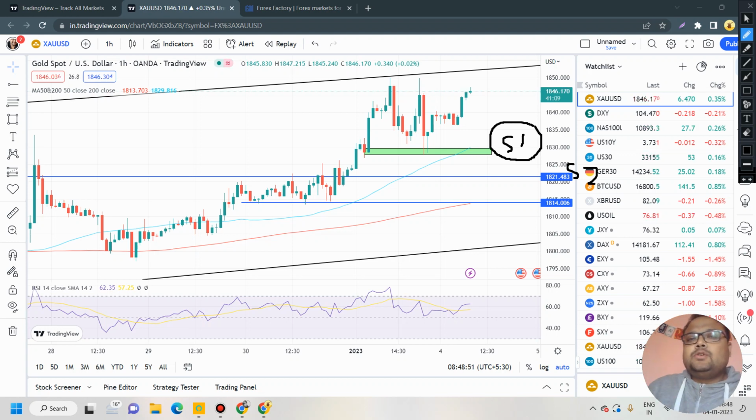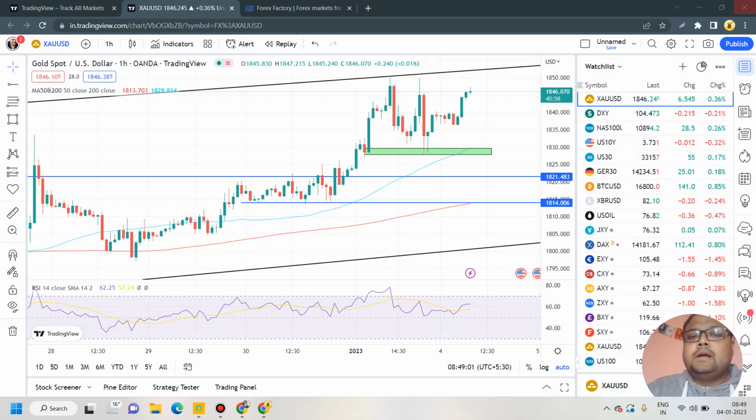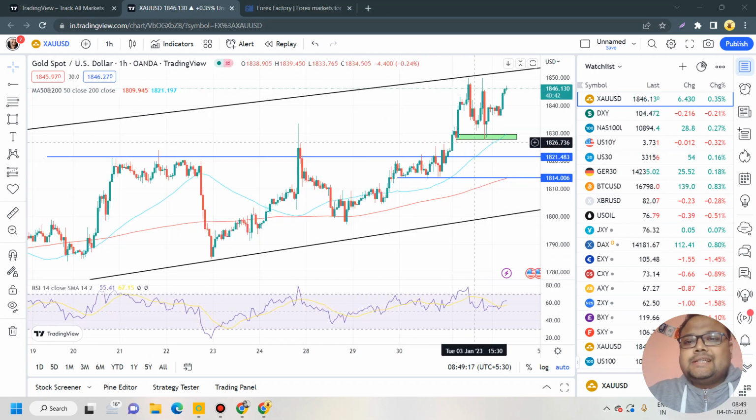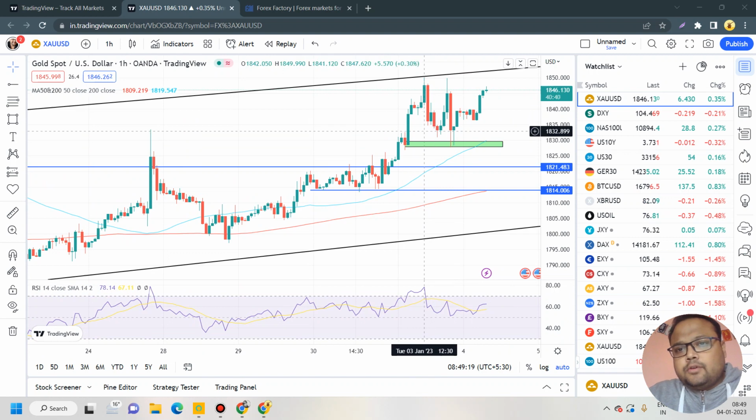If the market is slow, if the market loses momentum, then you can expect the market to bounce. But more or less 1821, 1822 is a better support in comparison to 1830. And the next support, or the third support, is around the 1814 to 1815 level. So these are the three supports on the chart of gold right now.